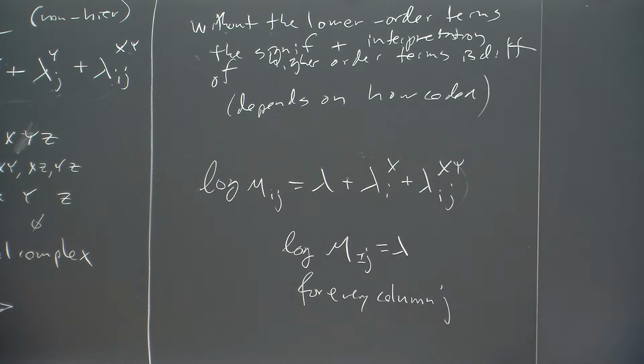The estimates of the main effect will depend to some extent on how the higher order terms have been parameterized, and their interpretation. So when we're including the interactions, the story is that we should focus on that analysis.